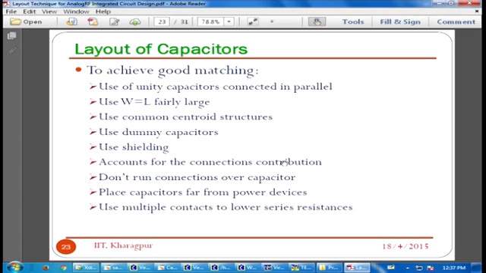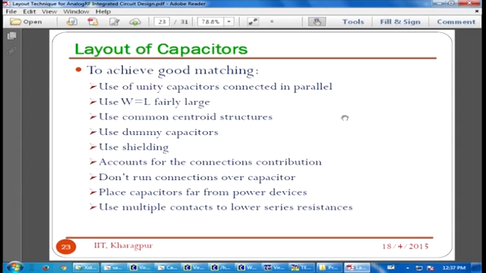Here are some passive devices, layout of capacitors. To achieve good matching, use unit capacitors connected in parallel. Suppose there is one big capacitor and a small capacitor. Suppose in a VCO design, for variable frequency, you have to put in some capacitance. That is a 5-bit tuning capacitance.